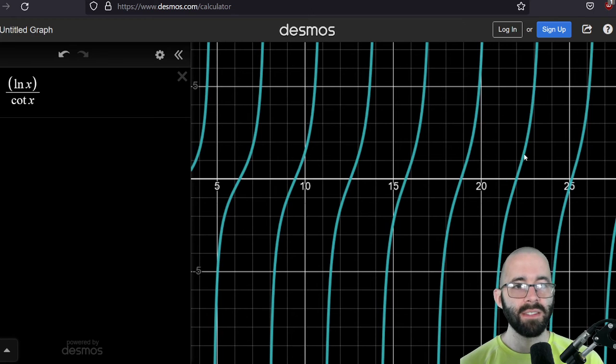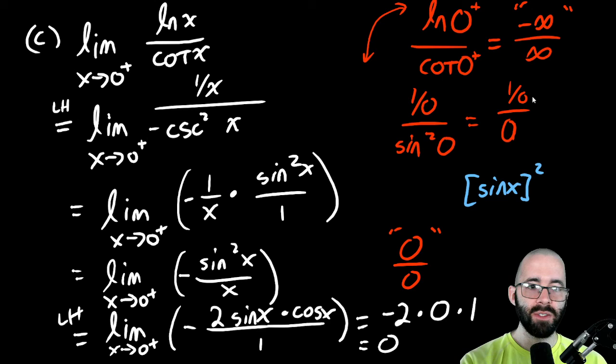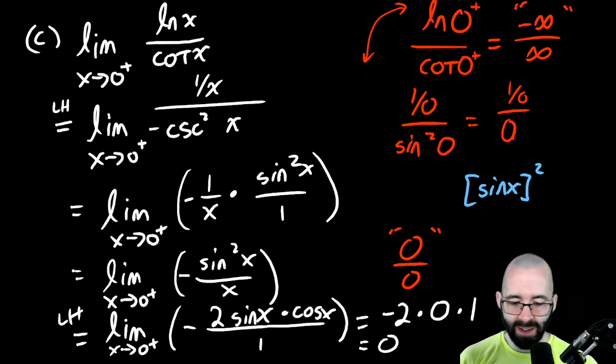Oh, I guess cotangent. The limit as x goes to infinity of this quotient actually doesn't exist because cotangent repeats forever. So disregard the comment about growing to infinity faster. There are some things that do that, but in this case, it doesn't.